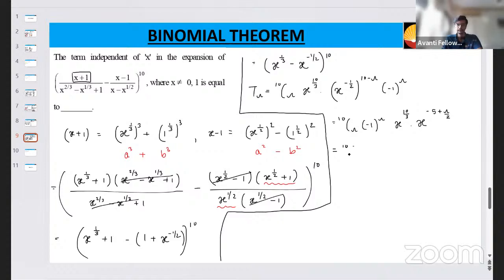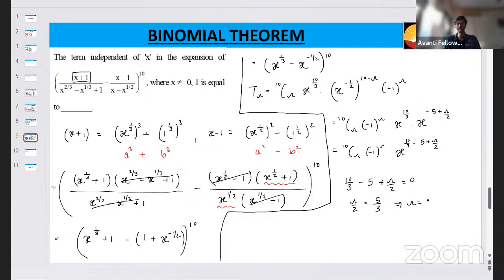Now by indices we can add, so मिलेगा 10/3 minus 5 plus r/2. We want term independent of x, मतलब x का पावर क्या होना चाहिए? 0. So 10/3 minus 5 plus r/2 should be equals to 0. So यहाँ पे अगर if I take LCM, so I'll get 10 minus 15. So r/2 is 5/3.